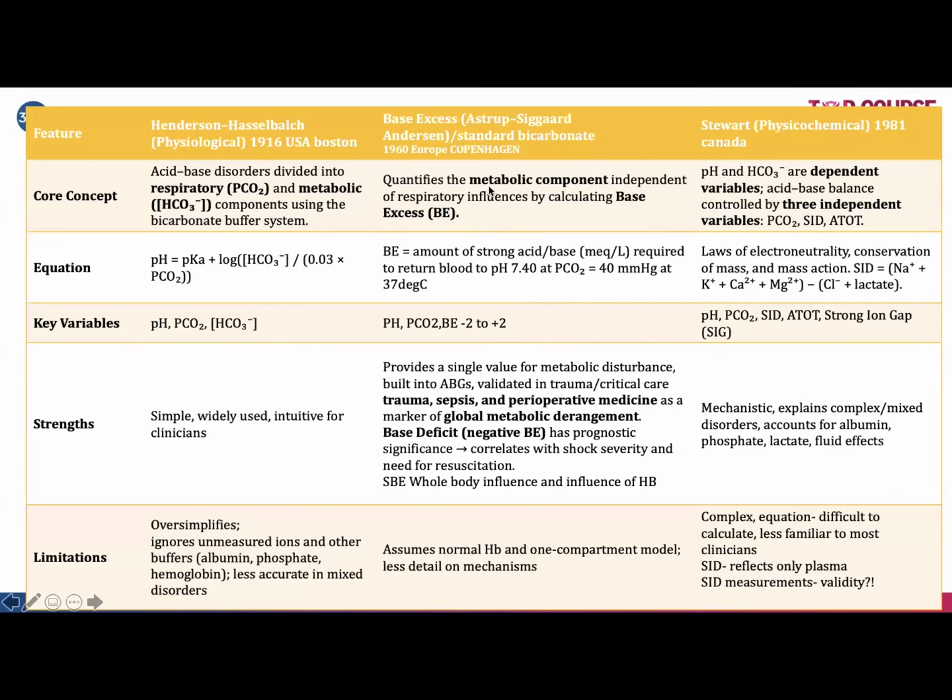There is a good paper in NEJM based on the base excess method. I'll share it, and you can go through it in detail. It's very complex, but you can go through it. So these are the various methods of ABG measurements.